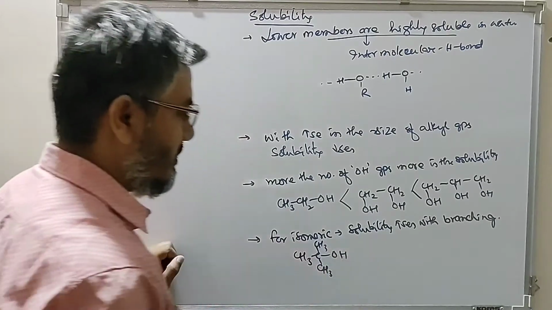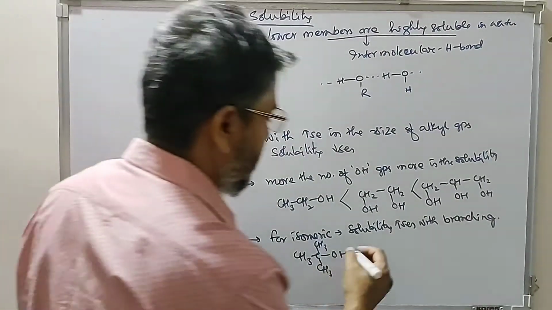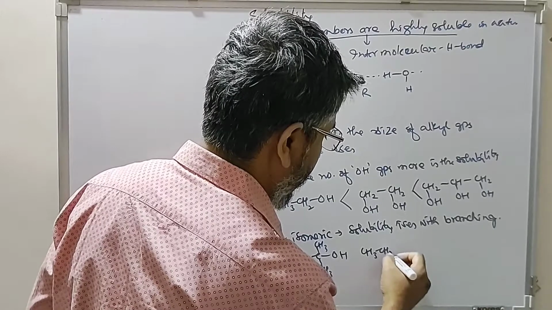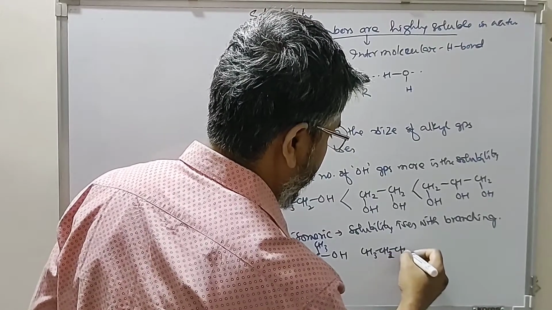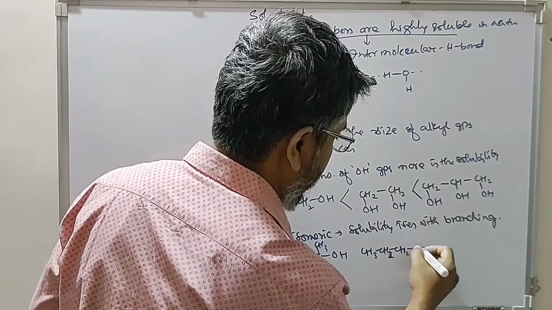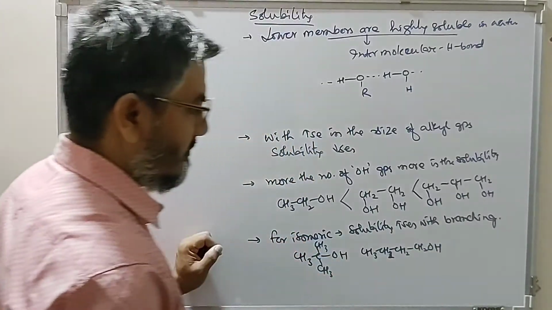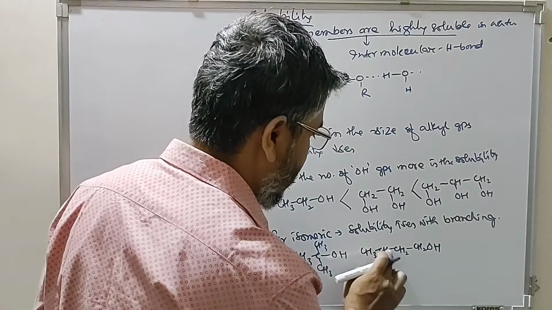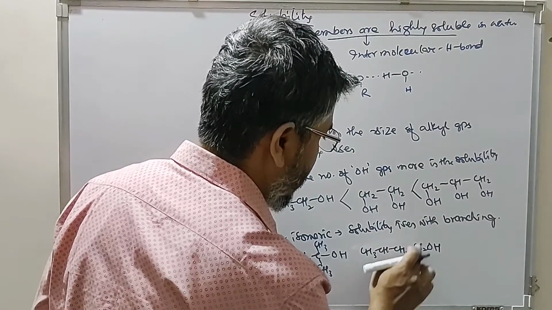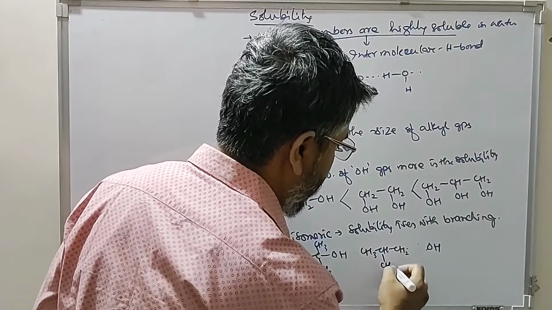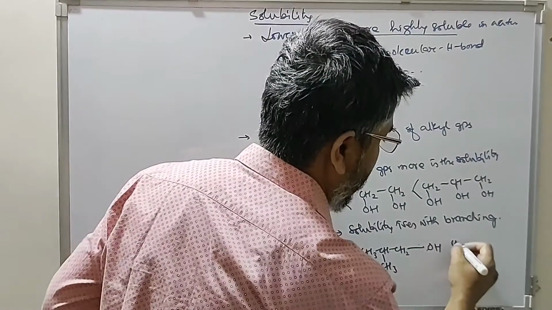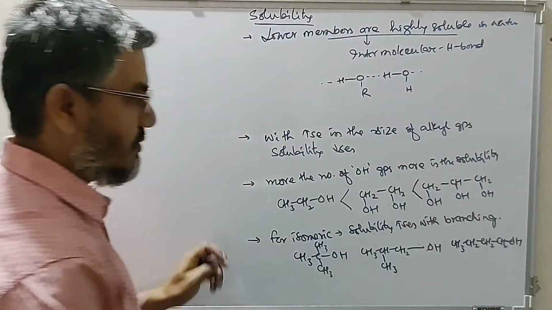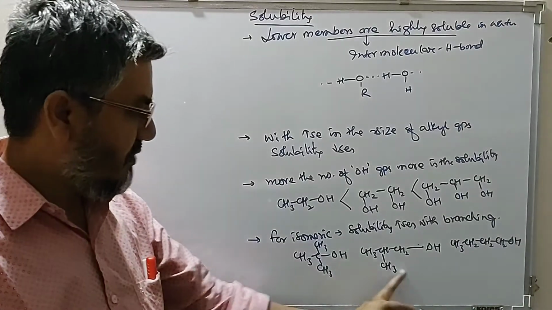This is tertiary butyl alcohol. And when we compare the solubility of tertiary butyl and this is iso, so we have this isomeric branching, isopropyl, tertiary butyl.